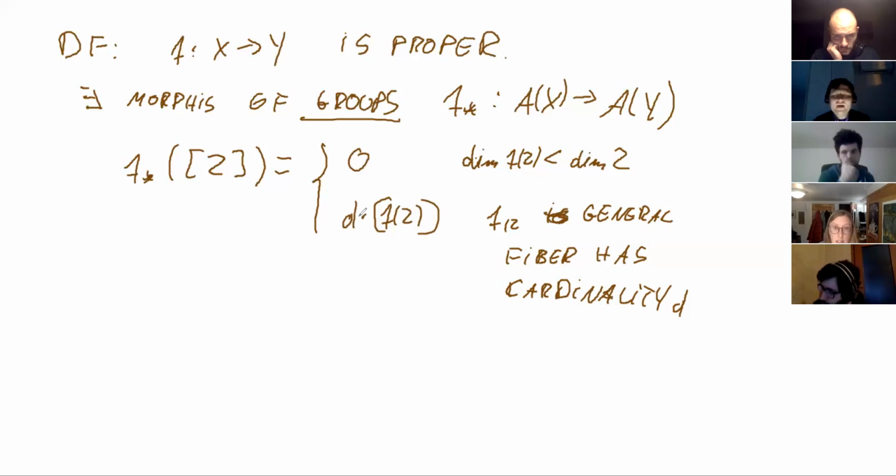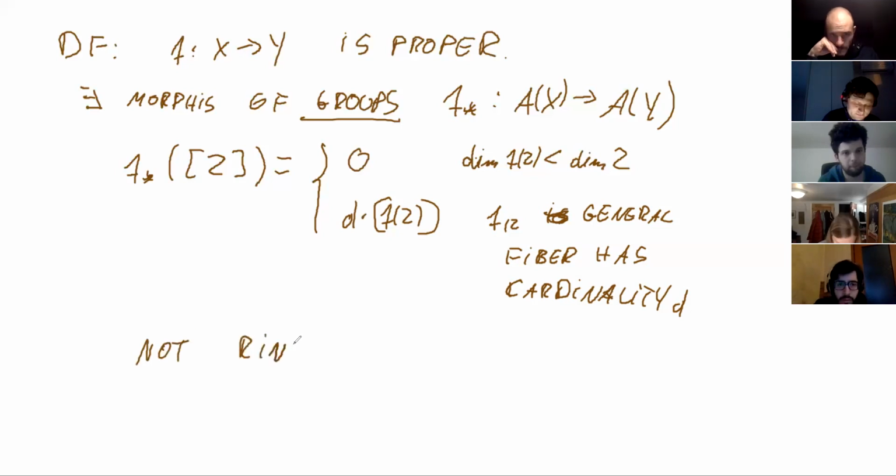Well, it's non-trivial that this is a morphism of groups, the thing that I have defined. Actually, we need to extend it linearly, because I only defined it on classes of Z. But it is really important that this is not a ring morphism.